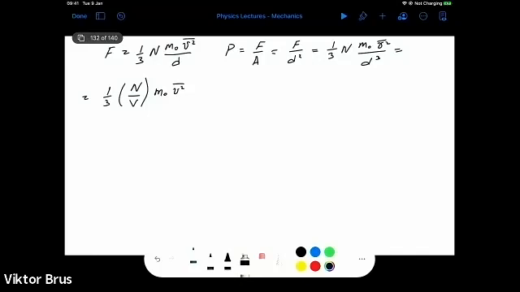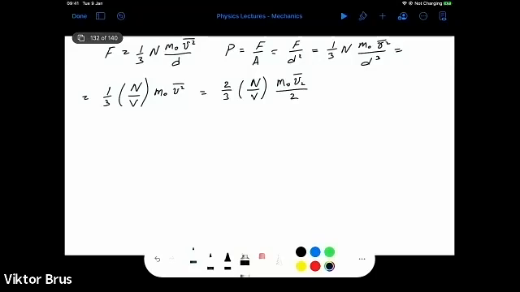So this equation is convenient to restructure a bit, and in particular multiply and divide by 2. So we have 2/3 of n divided by v times m naught v square divided by 2.